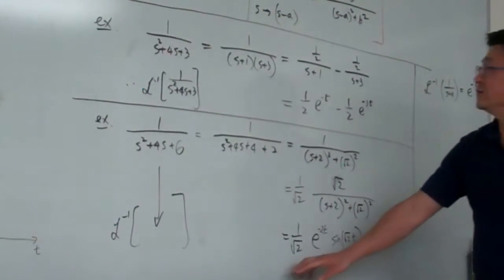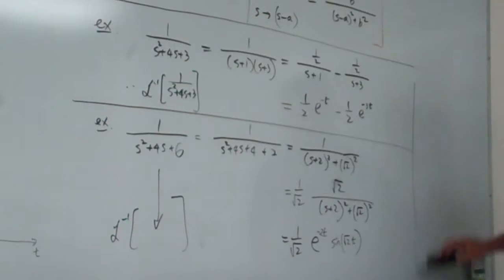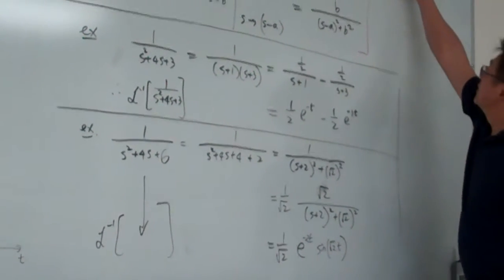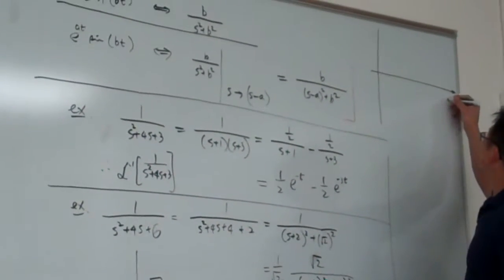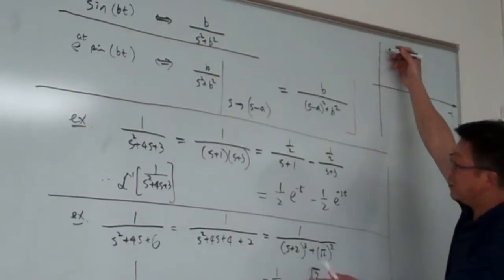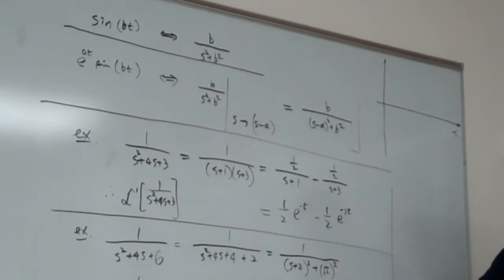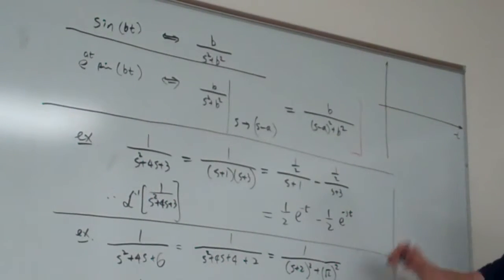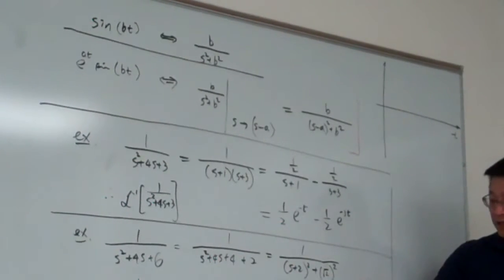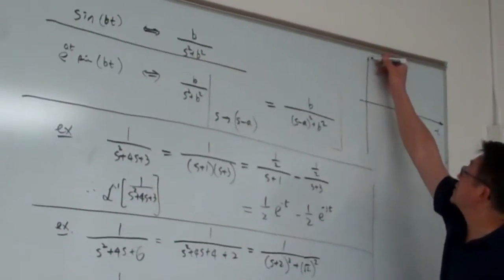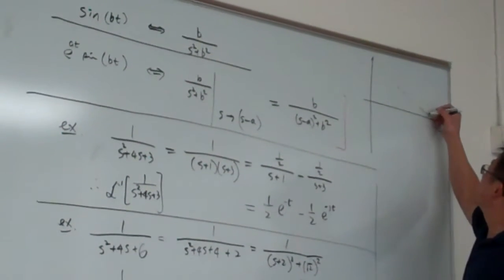For this signal, let me draw it. The signal will look like this. This is t, and let me call the function f. This function is a sinusoidal function, and it oscillates within an envelope defined by this profile.